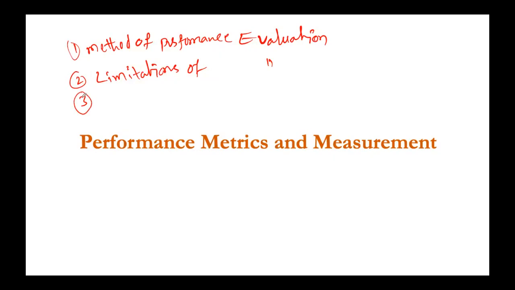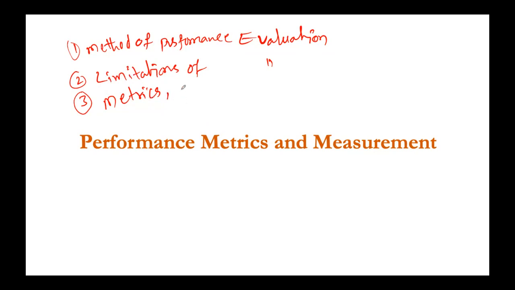Similarly, the third issue is what are the metrics? That means what formal measures are to be used for performance evaluation. It may be speed, or time used in a computation, or memory space required.